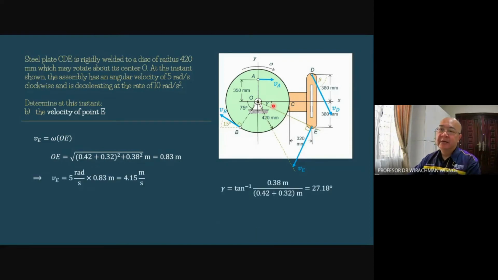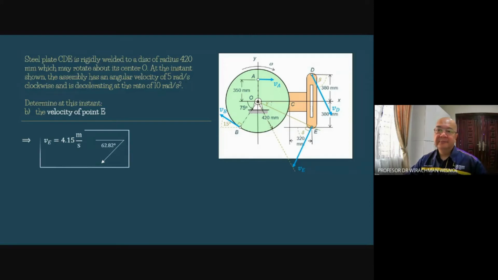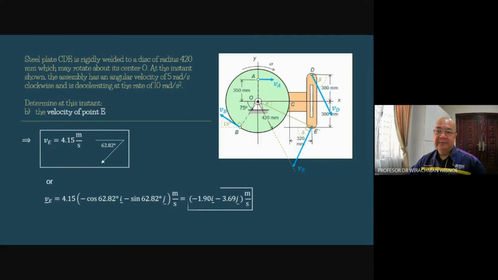Say this one is gamma. Say this is angle delta. Delta will be 62.82 degrees. That is the answer. Or you can write it in vector form.